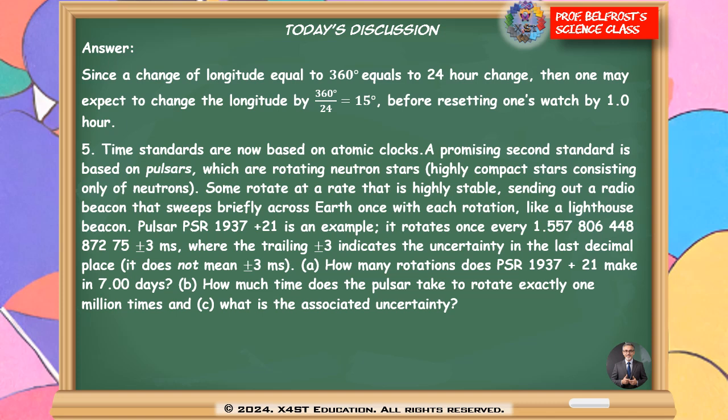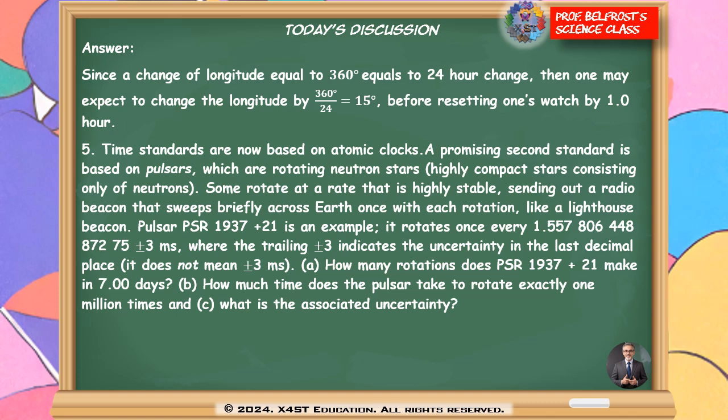One of the pulsars rotates once every blah blah blah plus or minus 3 milliseconds, where the trailing plus or minus 3 indicates uncertainty in the last decimal place. Please pay attention to this information. This will be very useful when we answer the C question.